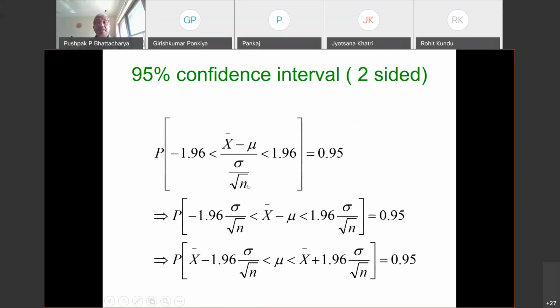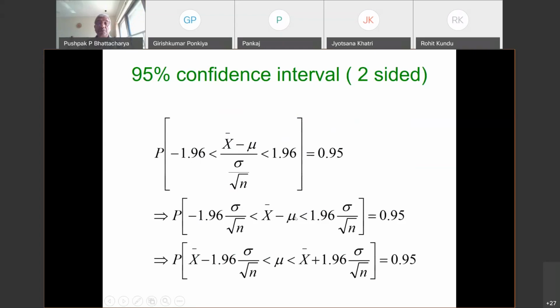I take sigma by root n to the left hand side of the inequality and to the right hand side. There are two intervals, minus 1.96 and plus 1.96. Then I get x bar minus mu lying within minus 1.96 sigma by root n and 1.96 sigma by root n.